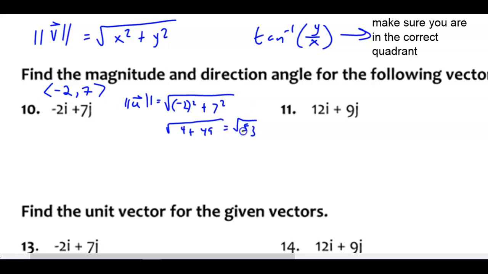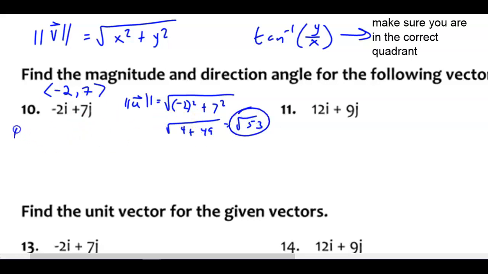Now if my memory serves me correct, 53 is prime. That's prime again, so that doesn't break apart. So the magnitude is square root of 53. Now if you can reduce, reduce, but in this case we can't. So we got our magnitude.